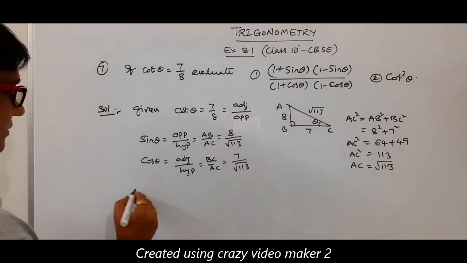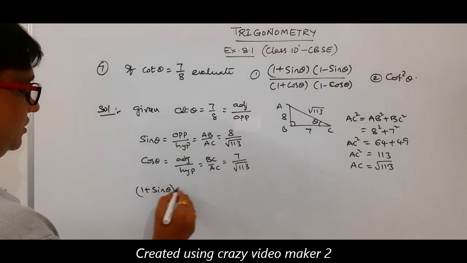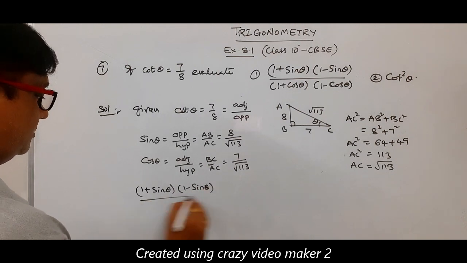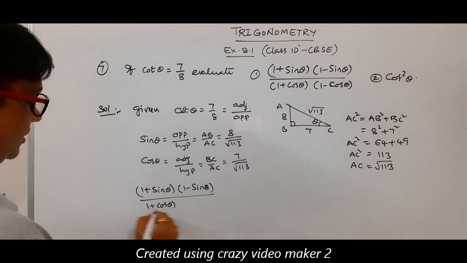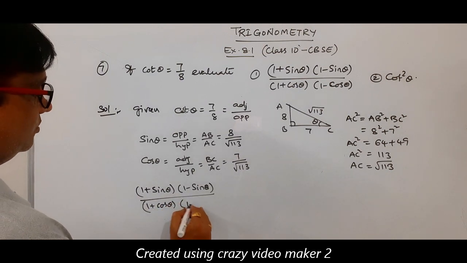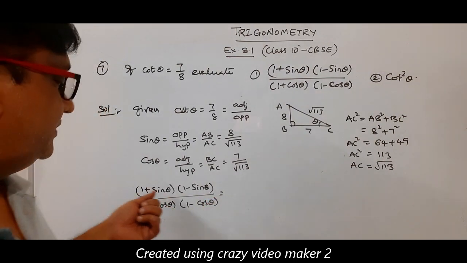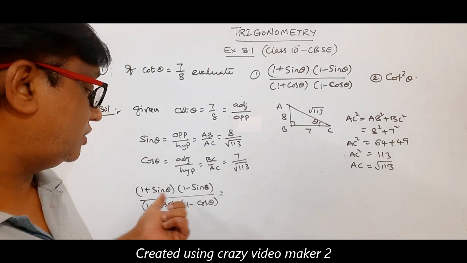Here, (1 plus sin theta)(1 minus sin theta) by (1 plus cos theta)(1 minus cos theta). Here we are utilizing the (a plus b)(a minus b) formula, a square minus b square.